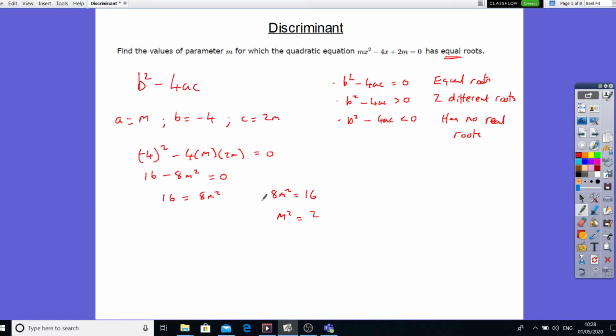So the values of the parameter m can equal plus or minus square root of 2. Okay, so pretty straightforward. Just sub it into the formula and you find out what the value of m is going to be. Now, let's look at some more questions further down.